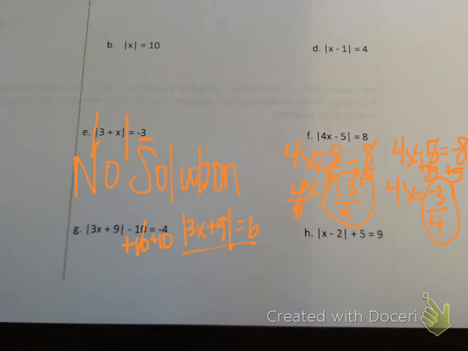So anytime there's something on the outside of the absolute value, we get rid of it, and then we can evaluate it as an absolute value equation. So 3x plus 9 equals 6, 3x plus 9 equals negative 6.